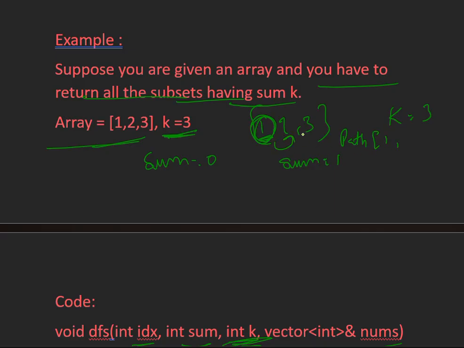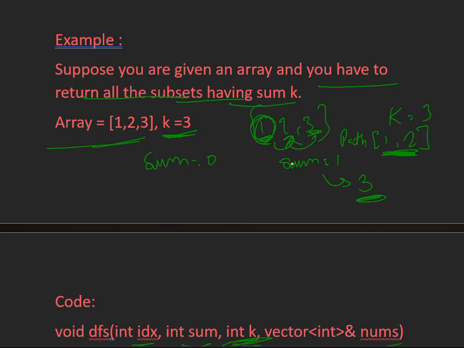Then we move to the next case, that is 2. For 2 also the case is pick, so sum is now 3, and the path is 1 and 2. Now we call for 3, but here the sum is 3, so we store the answer and then come back again.